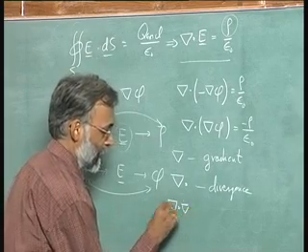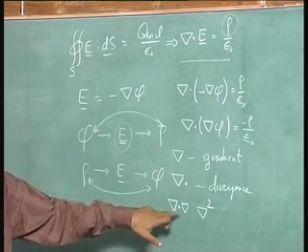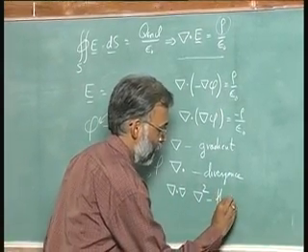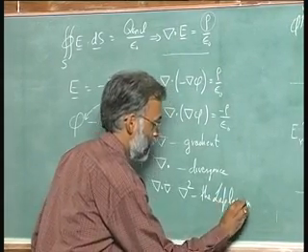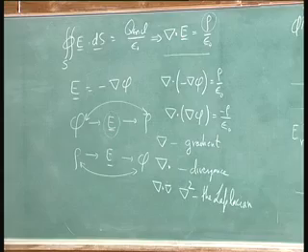It is given a special name, del squared, and is called the Laplacian. Now, the Laplacian is very easy to write down. All we have to do is apply its definition.